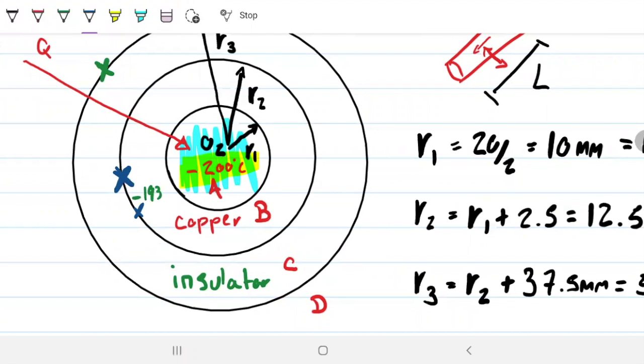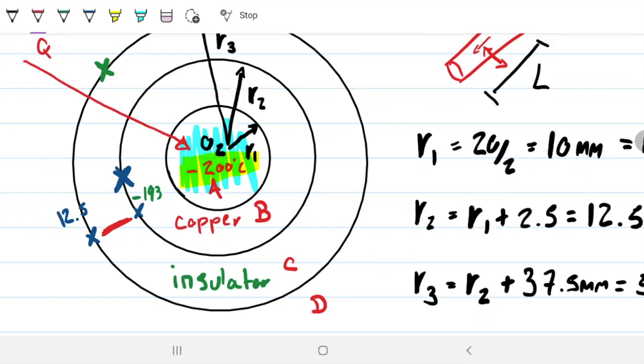And then we just found this one here is about 12.5. So check out, the insulator is doing its job, right? It's keeping this energy barrier, let's call it, this delta T barrier between the minus 193 and the 12.5.